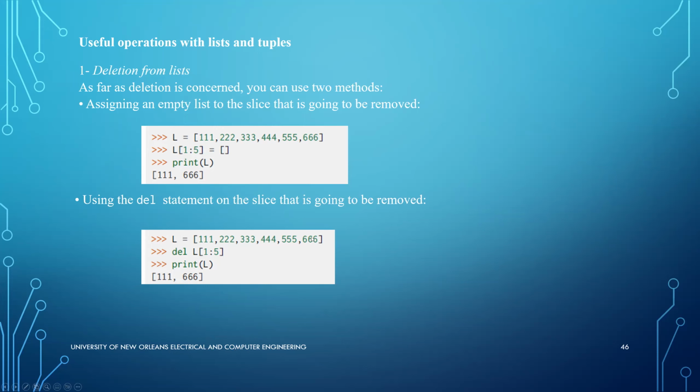It's just telling me that that's going to be the stopping point, but it will include the element before 666, which is 555. So this statement, del DLL[1:5], deletes the elements in between 111 and 666. And that's what you see here at the end.